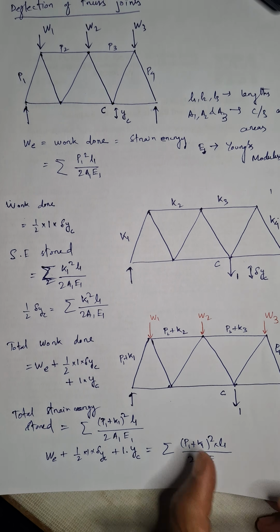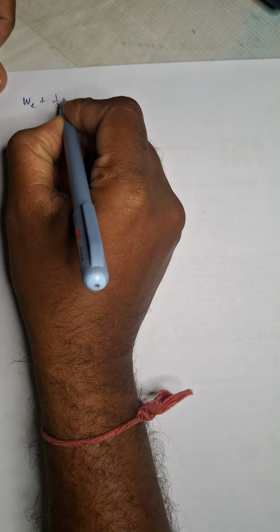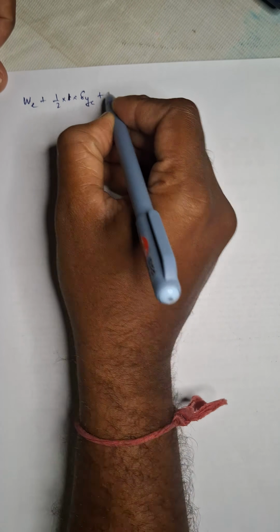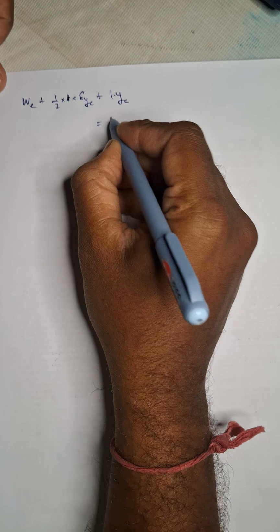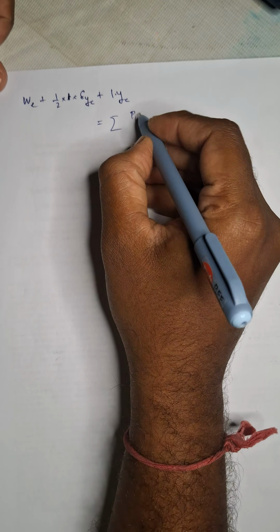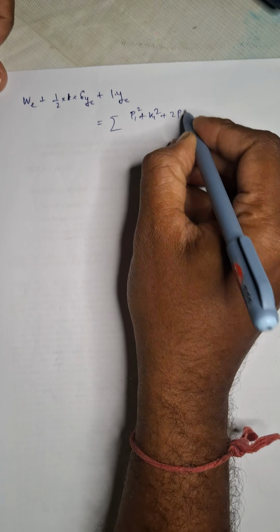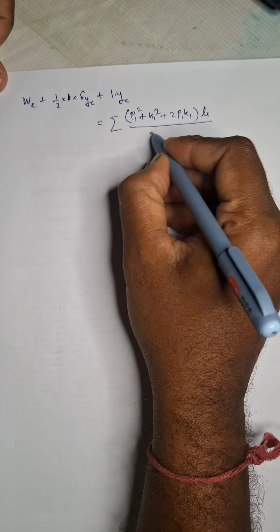Now let's simplify this A plus B whole square. So I will write this as WE plus half into 1 into del yc plus 1 into yc is equal to summation of P1 square plus K1 square plus 2 P1 K1, this is the A plus B whole square, into L1 divided by 2A1E.